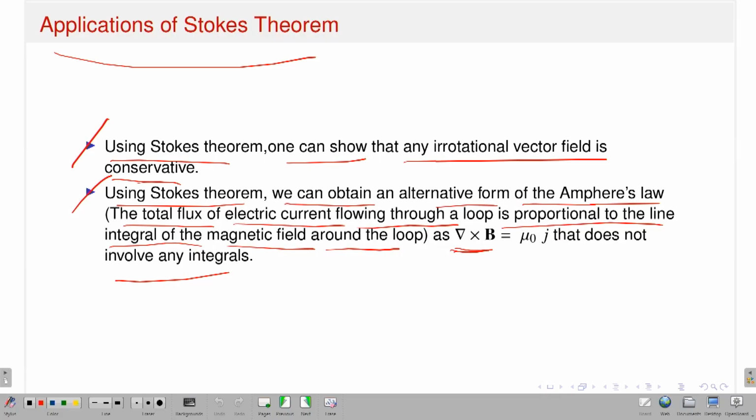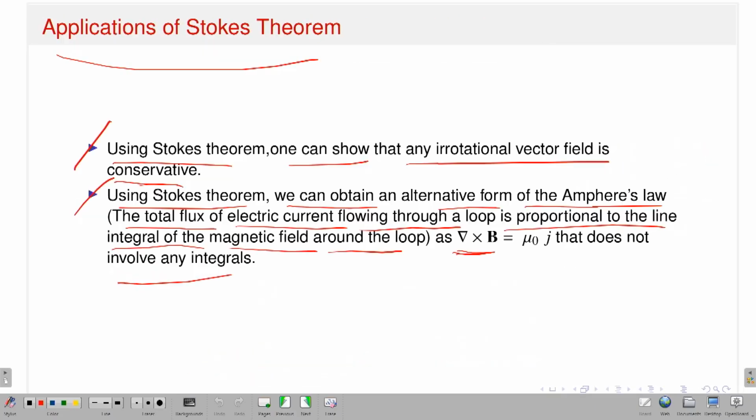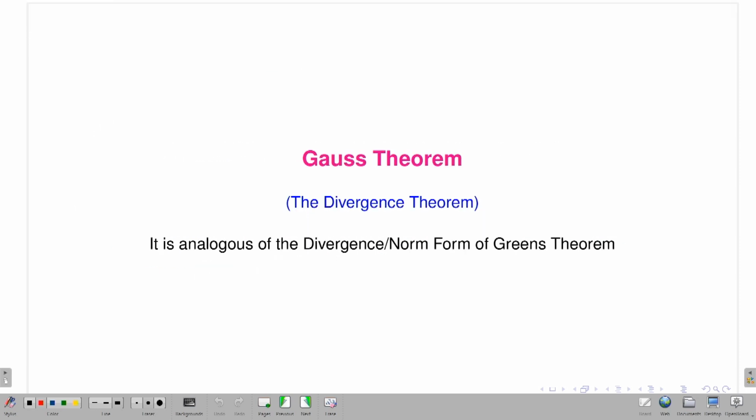As applications, using Stokes theorem you can conclude that an irrotational vector field is conservative, or you can calculate that the total flux of electric current flowing through a loop is proportional to the line integral of the magnetic field around that loop. Okay. So there are many applications, and I have just discussed 2 here. Okay. So now I think I should move forward.